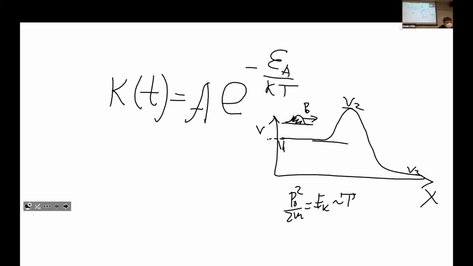It defines whether the wave packet will pass through or will be bounced back from the barrier.